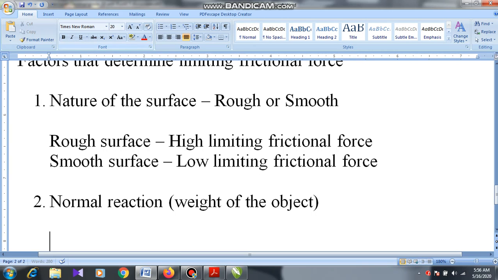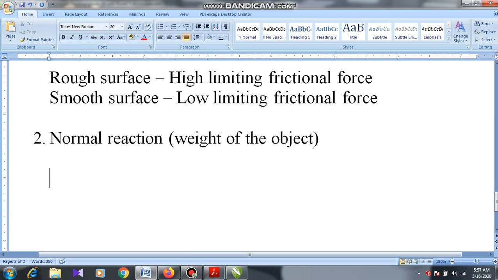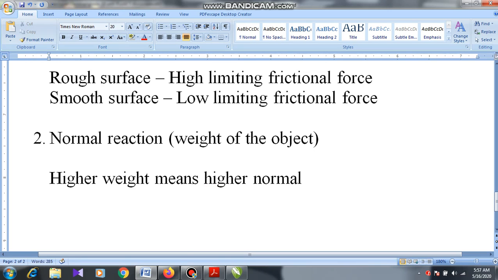So, my children, the point is, higher weight means higher normal reaction. I'll explain what this normal reaction is, but just keep this idea.